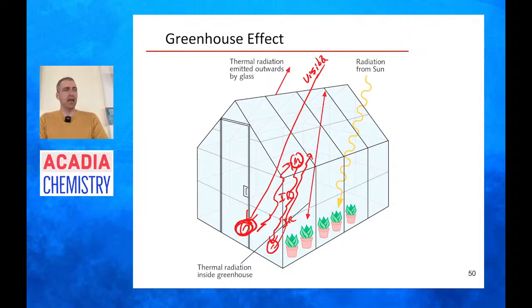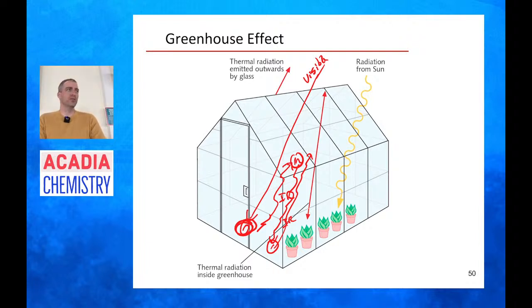If we didn't have an atmosphere doing this for us, or we had an atmosphere composed strictly of gases that cannot absorb infrared light, which we'll talk about later, the Earth on average would be about 20 degrees colder than it is now on the surface. So that would mean that Nova Scotia would be below zero almost all the time.